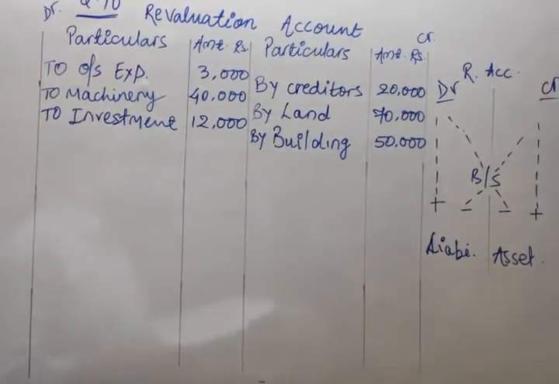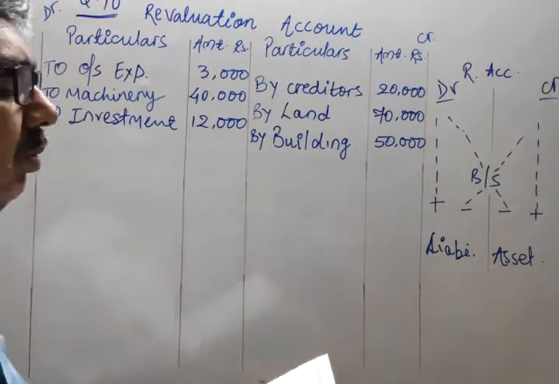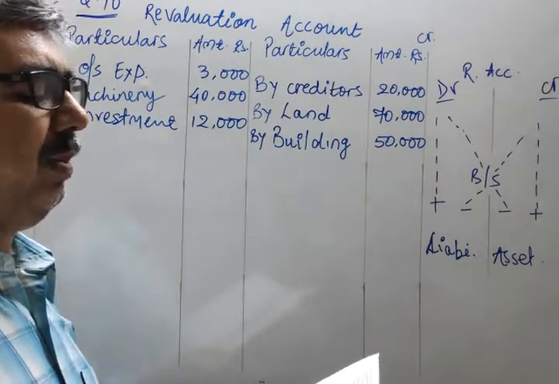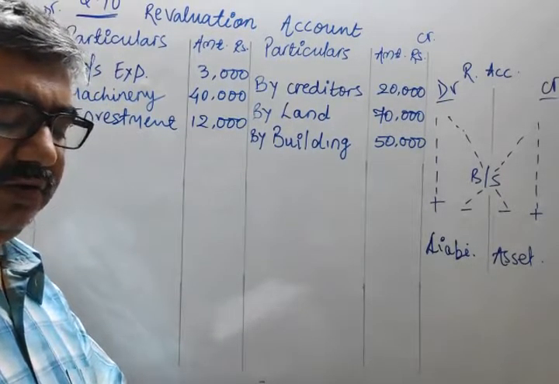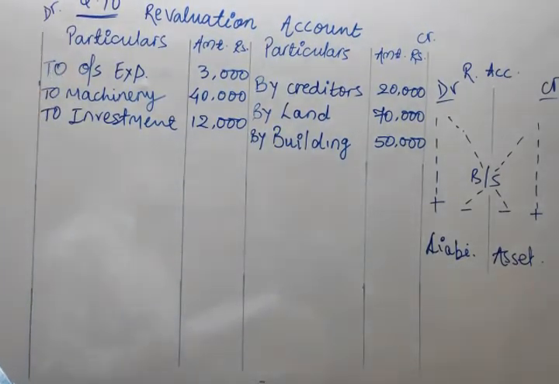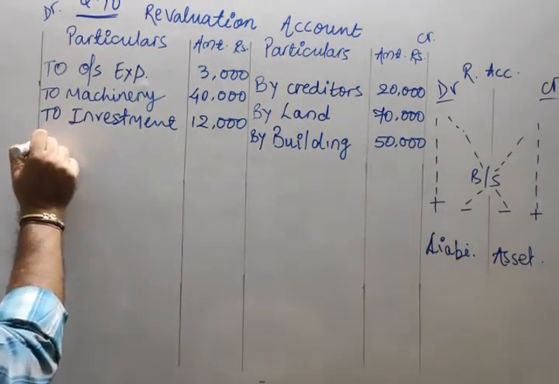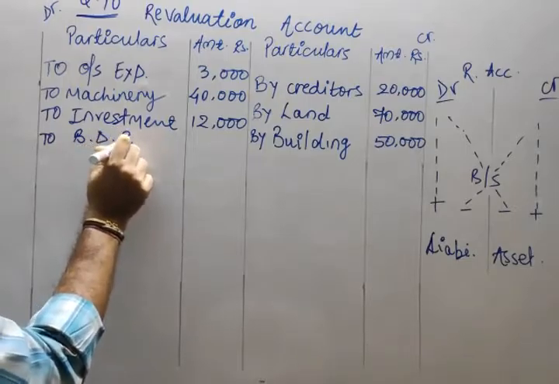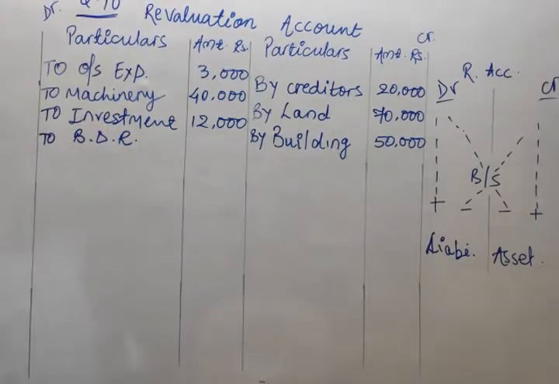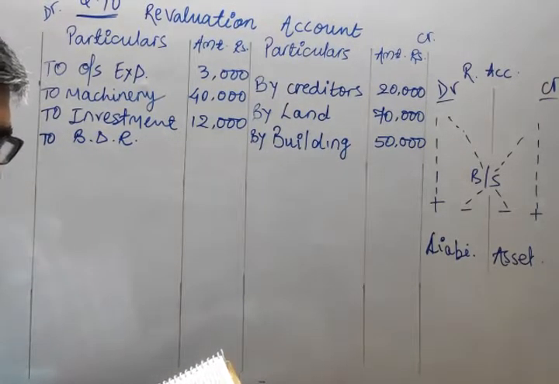Then debtors. Two matters are there: bad debt reserve and discount reserve. Provision for bad debt reserve is 20%. Here the amount of debtors is 50,000. 20% bad debt reserve. Actually debtors minus bad debt reserve. They say 20%.